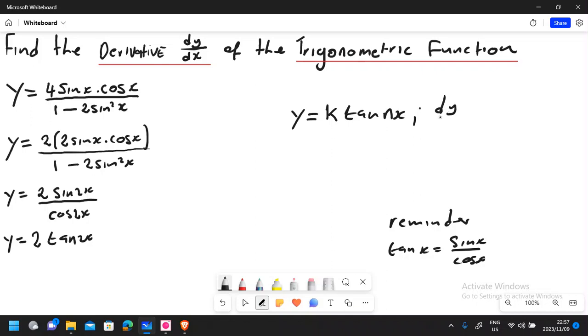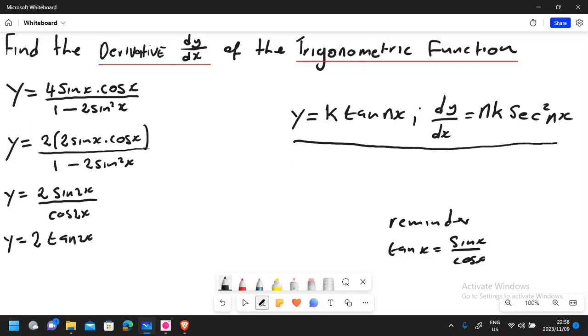So dy over dx of this is the same as n multiplied by k, and the derivative of tan is sec squared nx. Do not forget this one, guys. Just in case you don't know where this formula comes from, there is a video that I made. Go and watch that video there, because I explained how to apply these formulas there. Let me erase this.